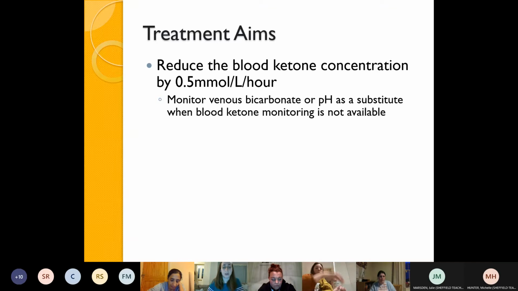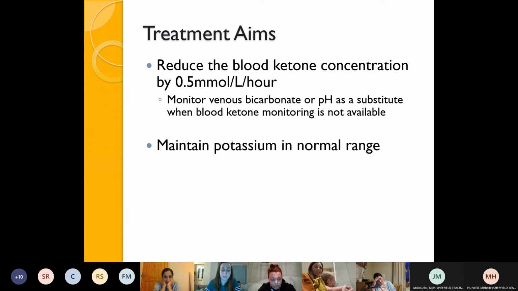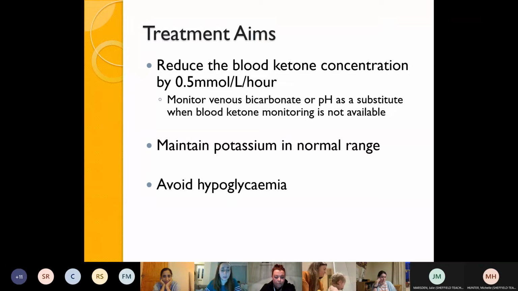We also monitor the bicarb or pH, but that's usually as a substitute when blood ketone monitoring isn't available, but we'd rather have the ketones. We want to maintain the potassium within the normal range, avoid hypos, and avoid complications of DKA or of the treatment itself.